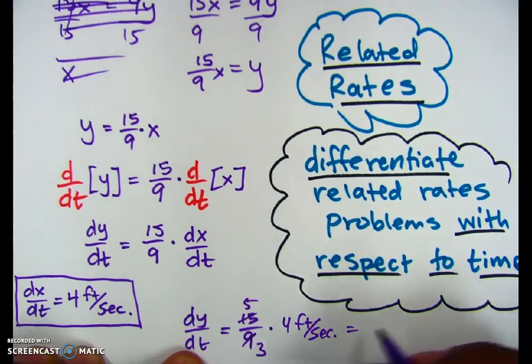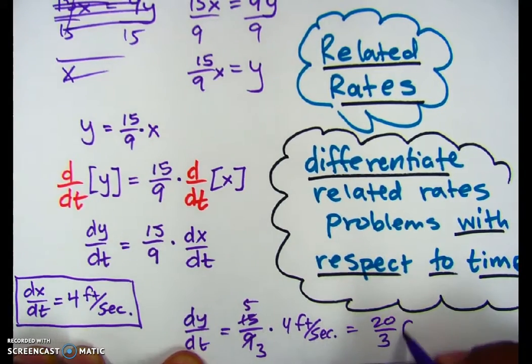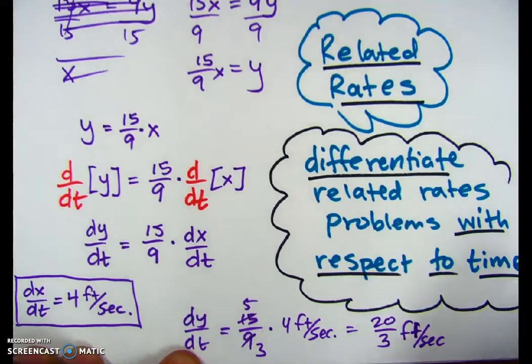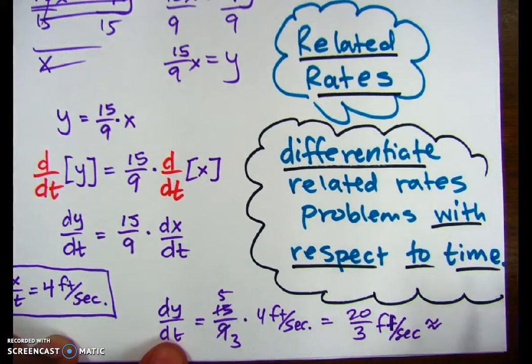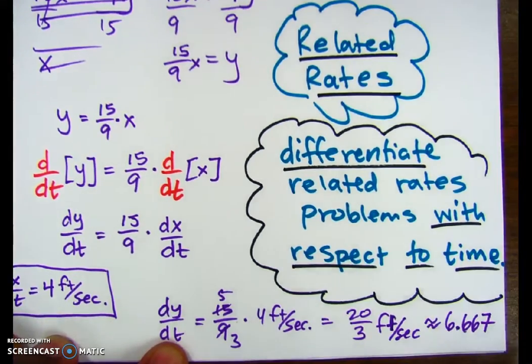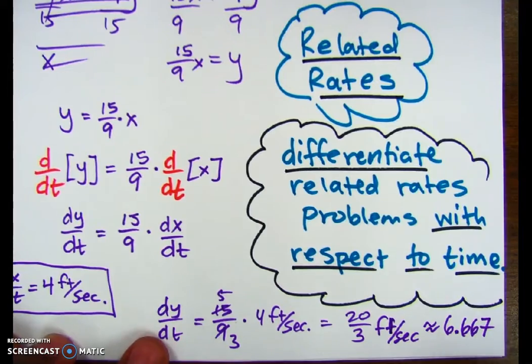So we can say this is 20 over 3 feet per second, which is approximately 6.667. And it's in feet per second, but we don't see the answer. 6.667 is not on there, and here's why.